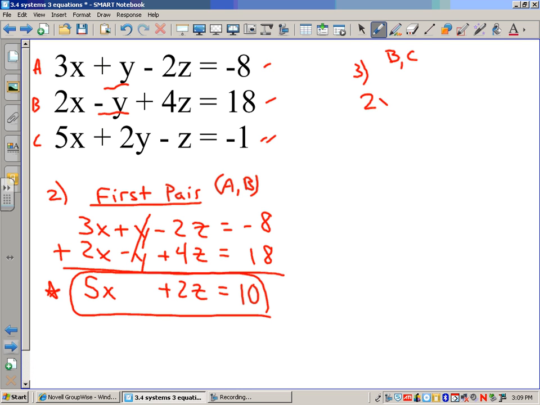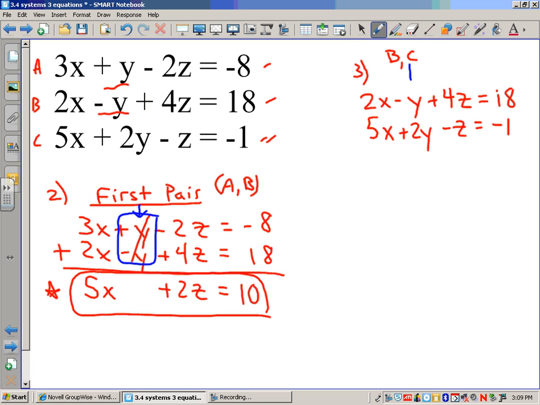So if you think you have 2x minus y plus 4z equals 18, 5x plus 2y minus z equals -1. You have to get rid of the same thing you got rid of. You got rid of y's. So we need to get rid of y's right there.